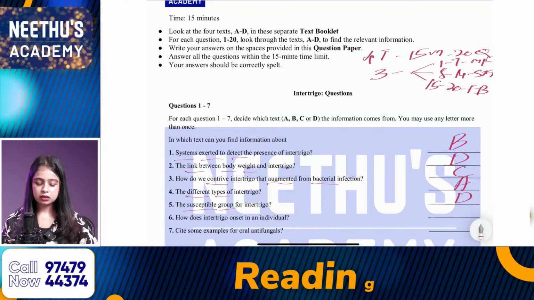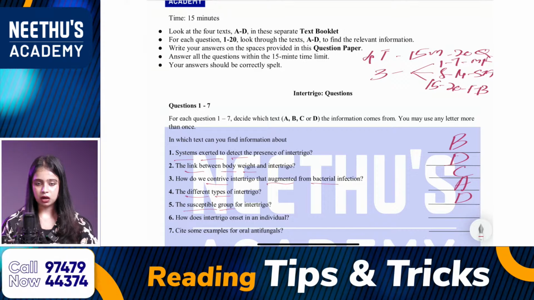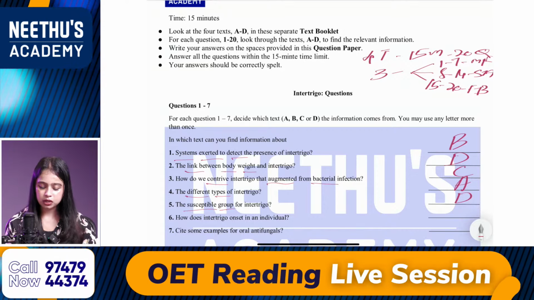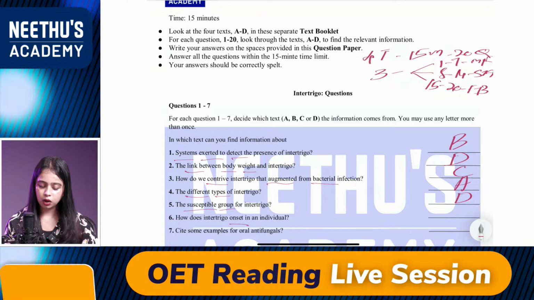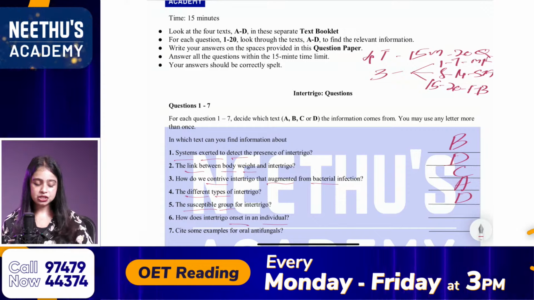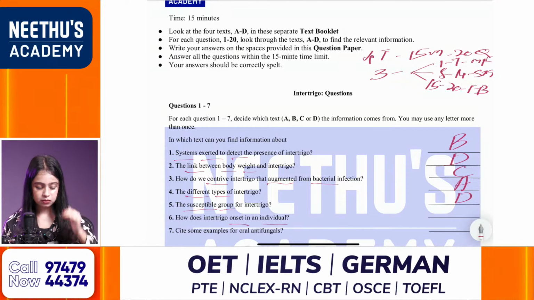Then sixth one: how does intertrigo onset in an individual? How will it start in a person? Onset, individual, these are my keywords. Shiny, it's from text D? Very good, dear. What about others? Reba, sixth one.